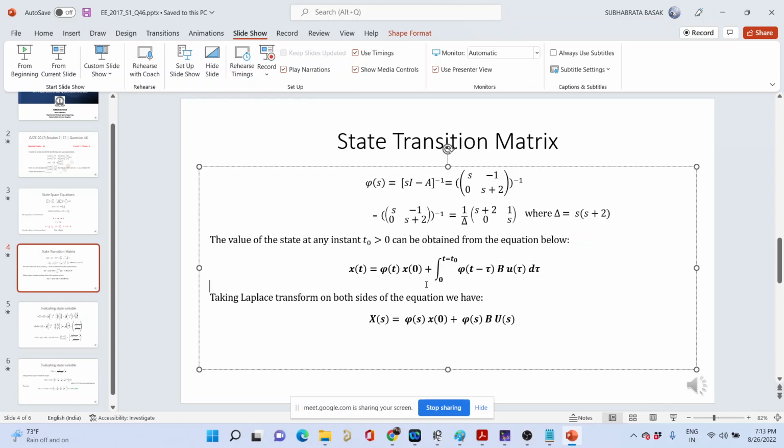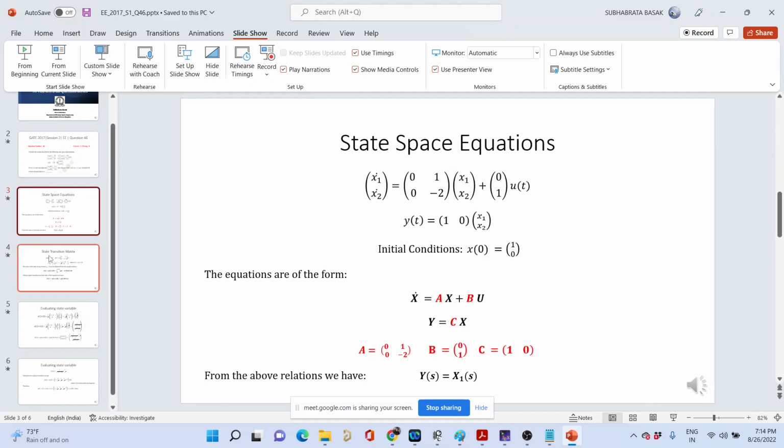If you remember, e to the power minus At into x of 0, that is the initial condition. In any differential equation, first make the input equal to 0, find the homogeneous solution, and you replace e to the power At as this phi t. You will find that what you will get is e to the power At into x0. So this phi t is nothing but e to the power At, where A is this A matrix over here.